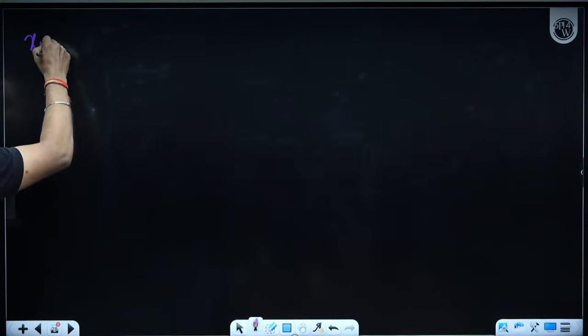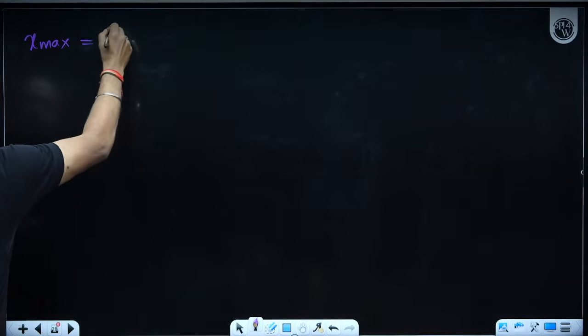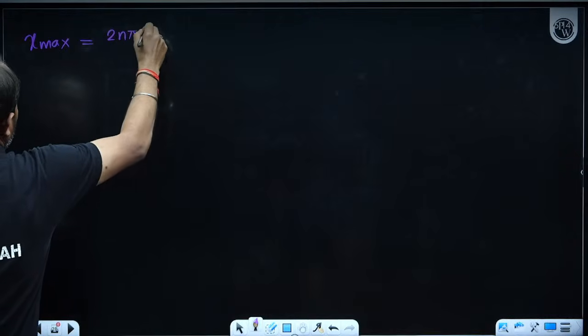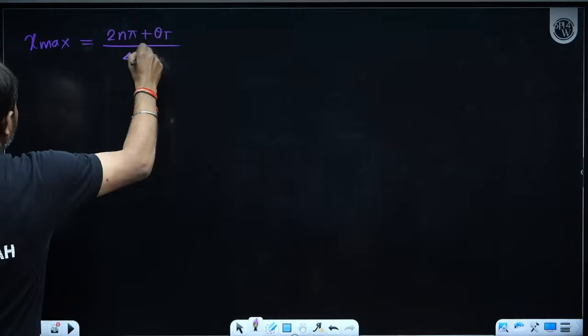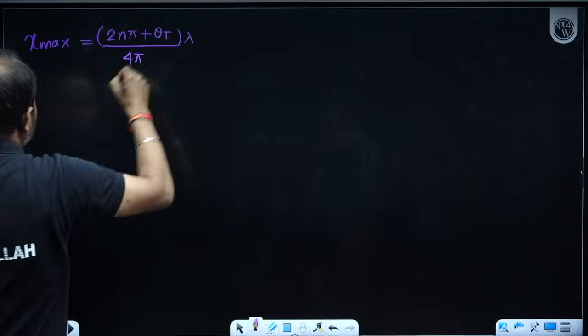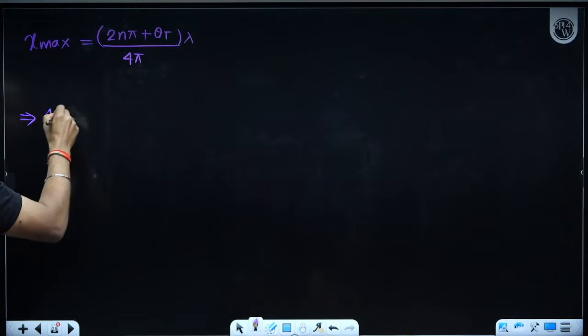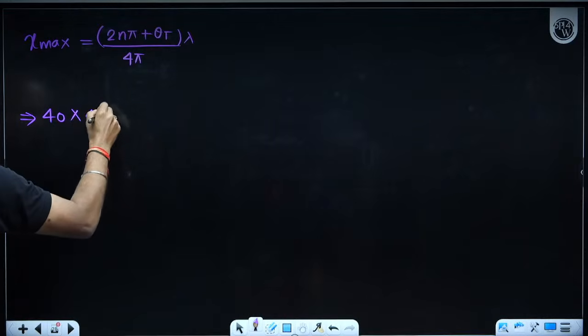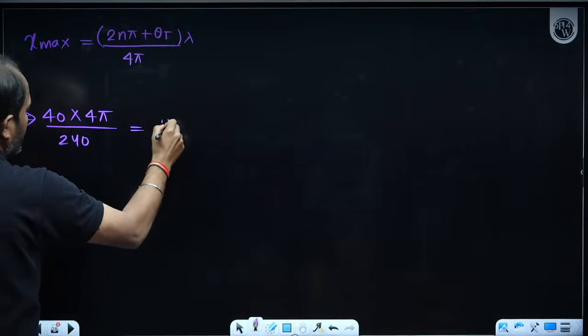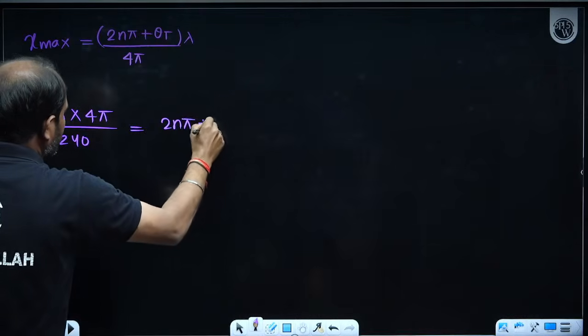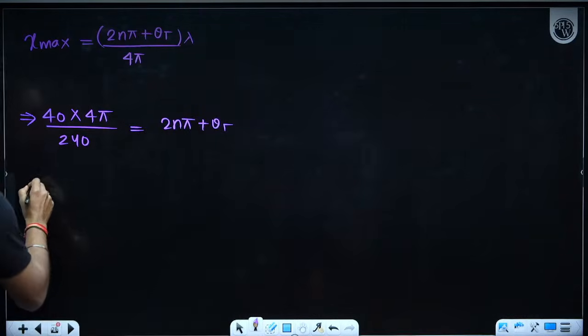Then theta gamma we have to calculate. X max is equal to (2n pi plus theta gamma) divided by 4 pi into lambda. X max is 40 centimeter into 4 pi, lambda is 240, and 2n pi plus theta. So what is theta gamma?